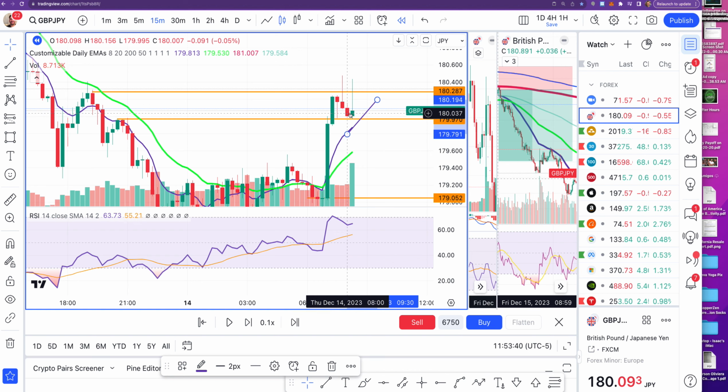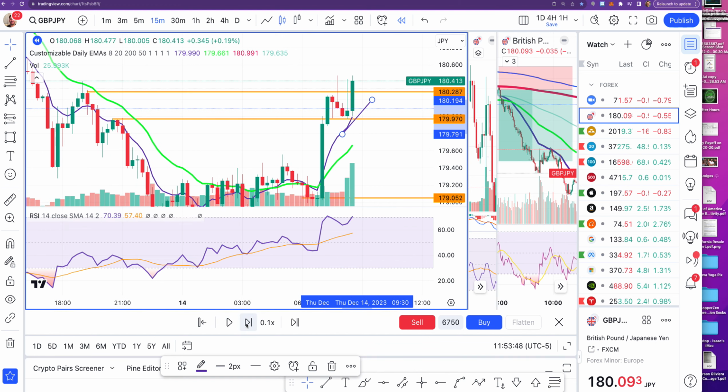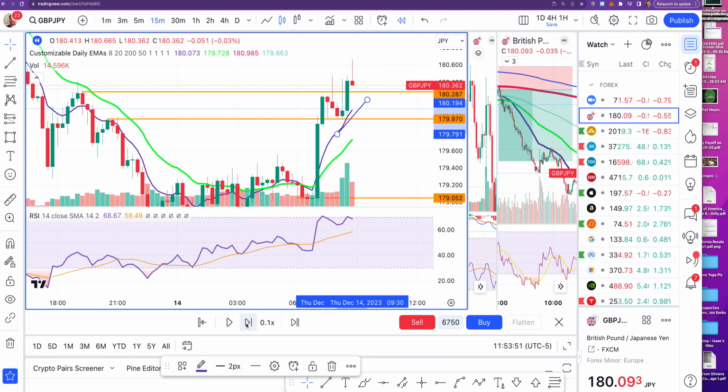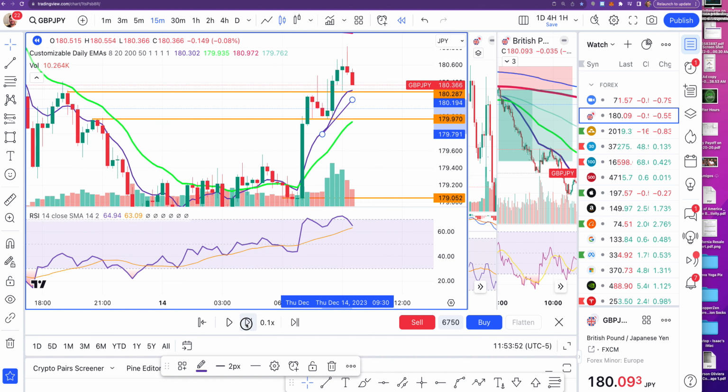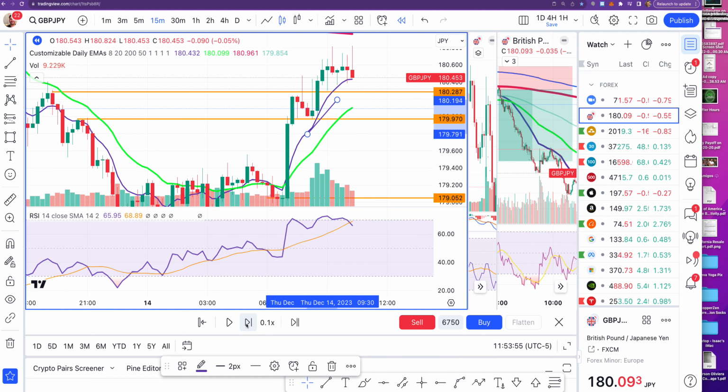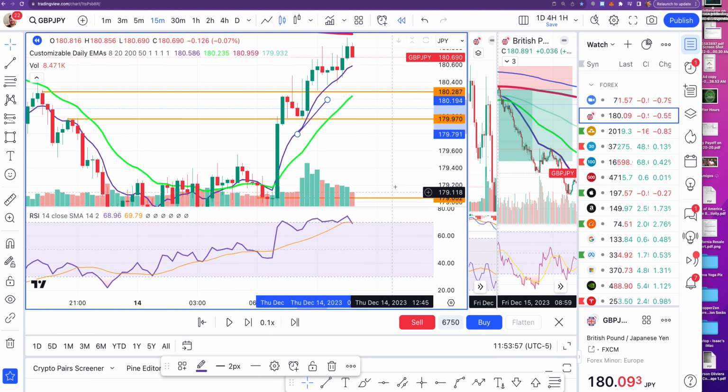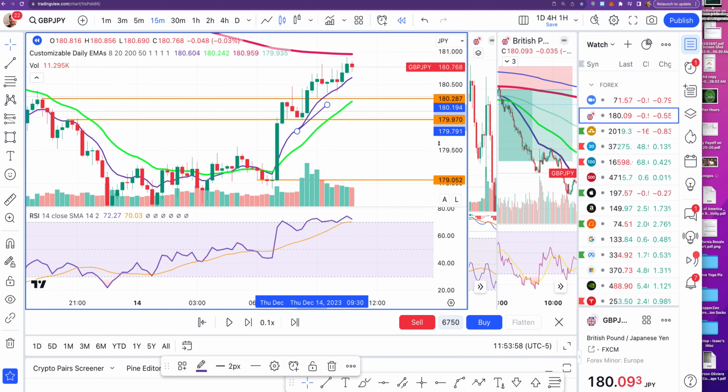Here's your wave pattern: pull back, finding support on the pivot and the 8 EMA, and then of course you're off to the races. There's some good buy strength there, and it just goes higher and higher. That's a really nice entry right there.